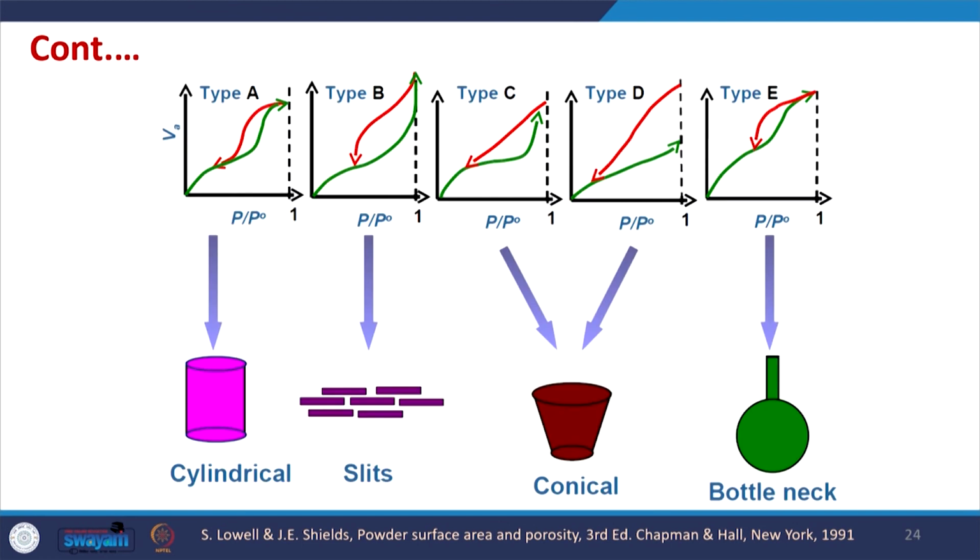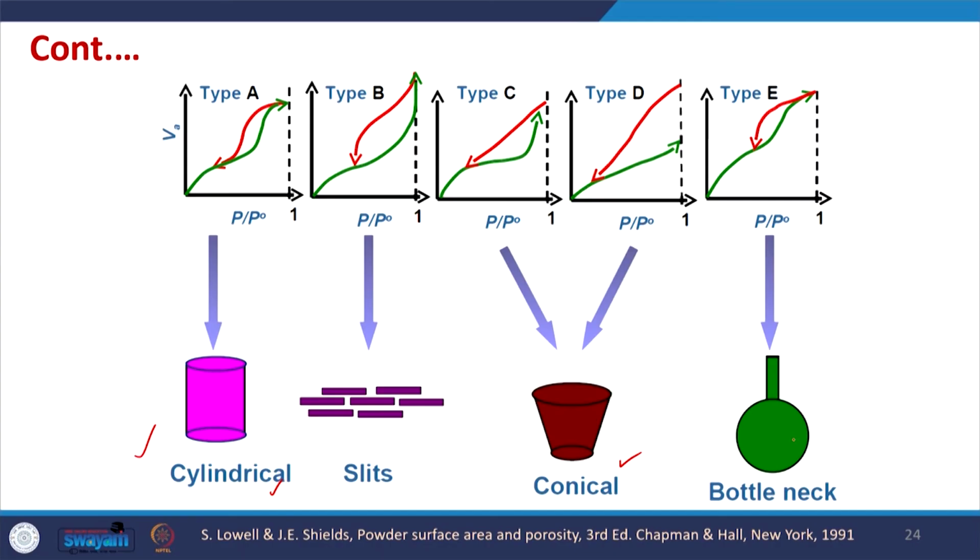Now, depending upon the type of hysteresis and type of curve, different types of pores are possible. Earlier we had discussed different types of pores like cylindrical, conical, bottleneck and slit shaped, and different types of hysteresis behavior.